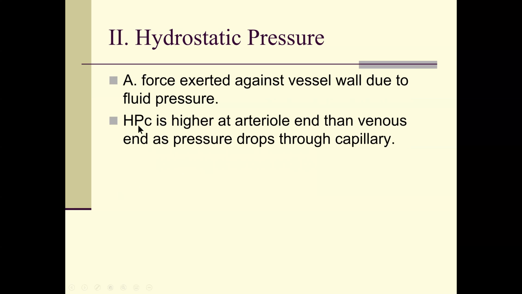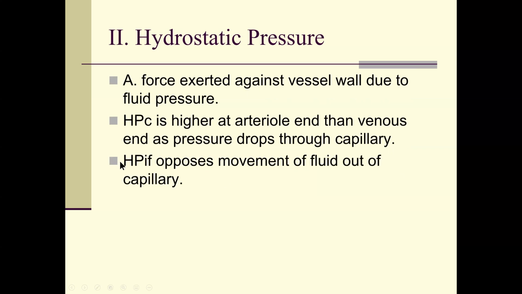So the hydrostatic pressure is higher at the arterial end than at the venous end as the pressure drops through the capillaries. The hydrostatic pressure of the interstitial fluid, remember that's the fluid between the blood vessel and cell, opposes the movement of fluid out of the capillary. So there's a fluid pressure inside the capillary and a fluid pressure outside the capillary. The fluid pressure is called hydrostatic pressure.